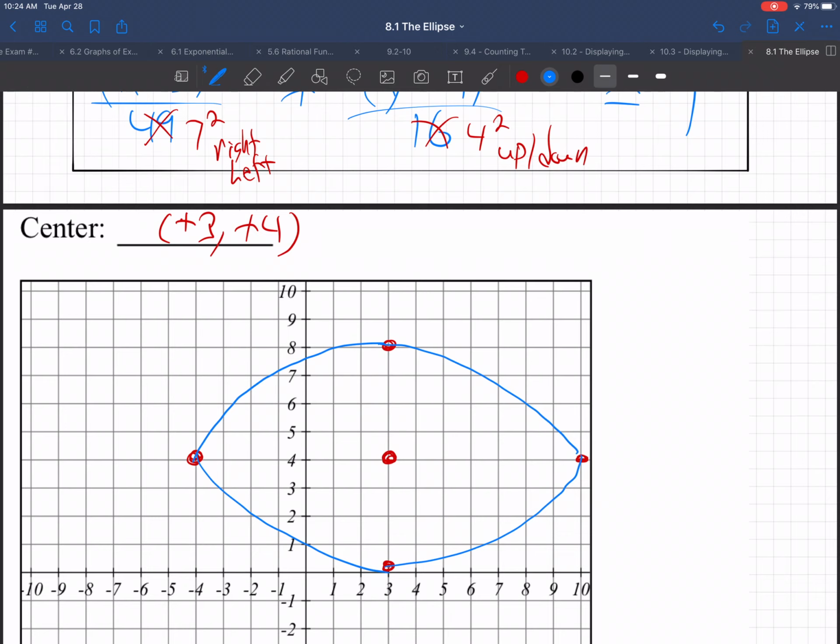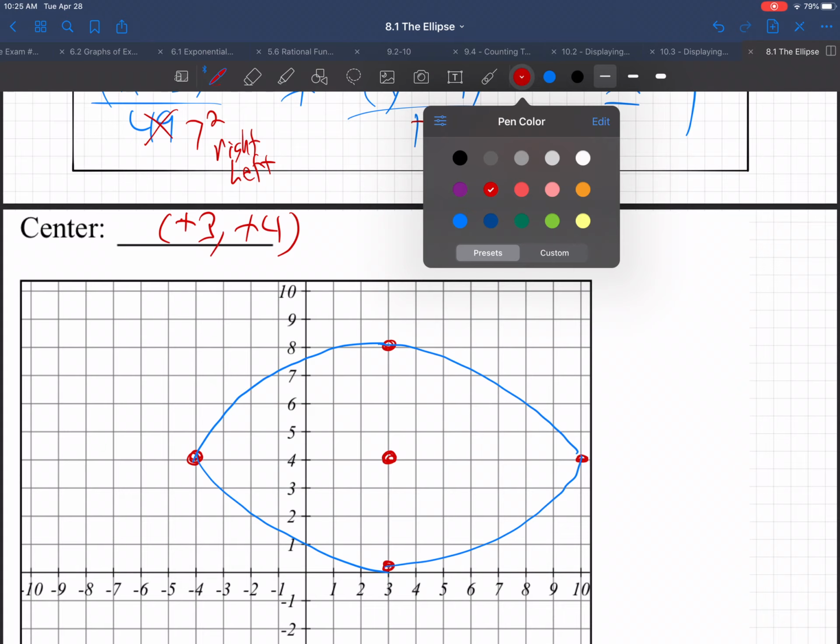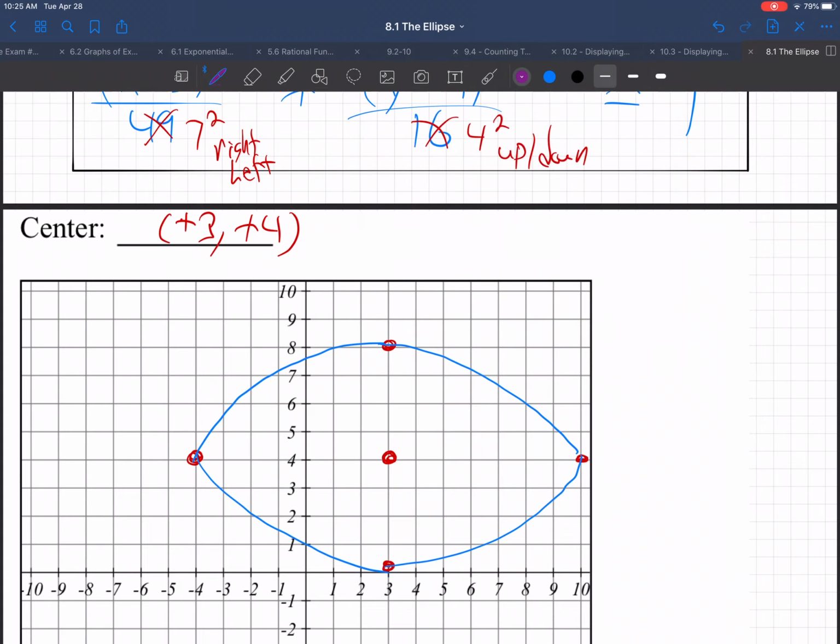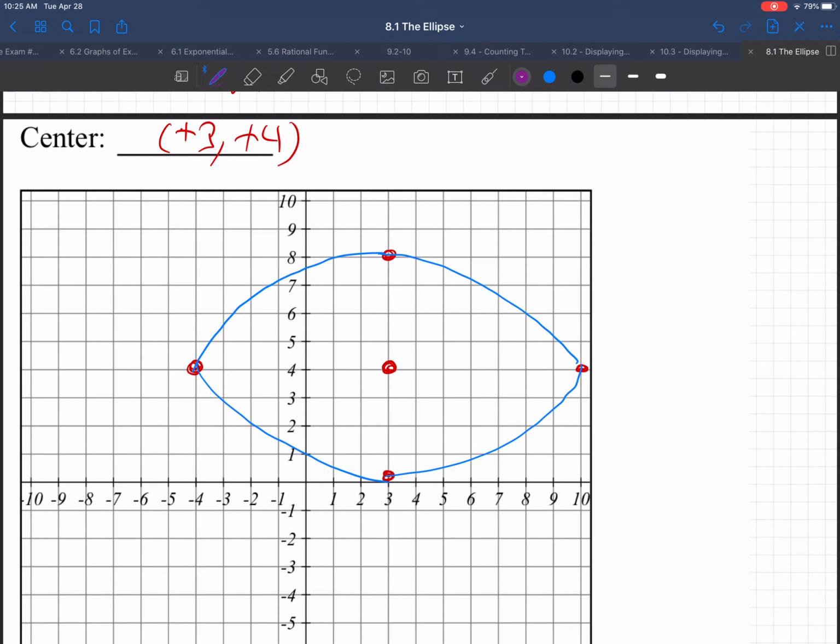Now, when you go to actually do this graph on your homework, the way they have you do it is they have you click the center, which is right here at over 3 up 4, and then click the corner point. That would be right here.